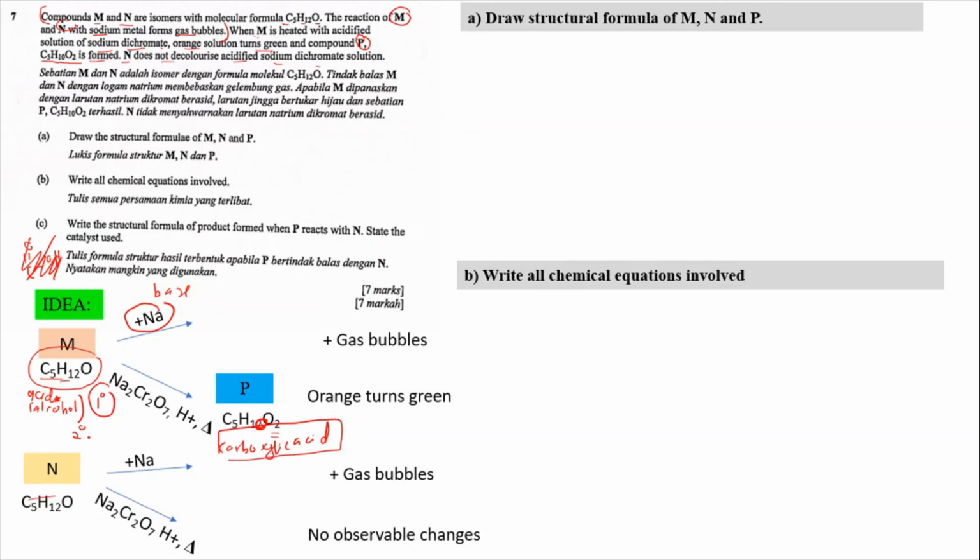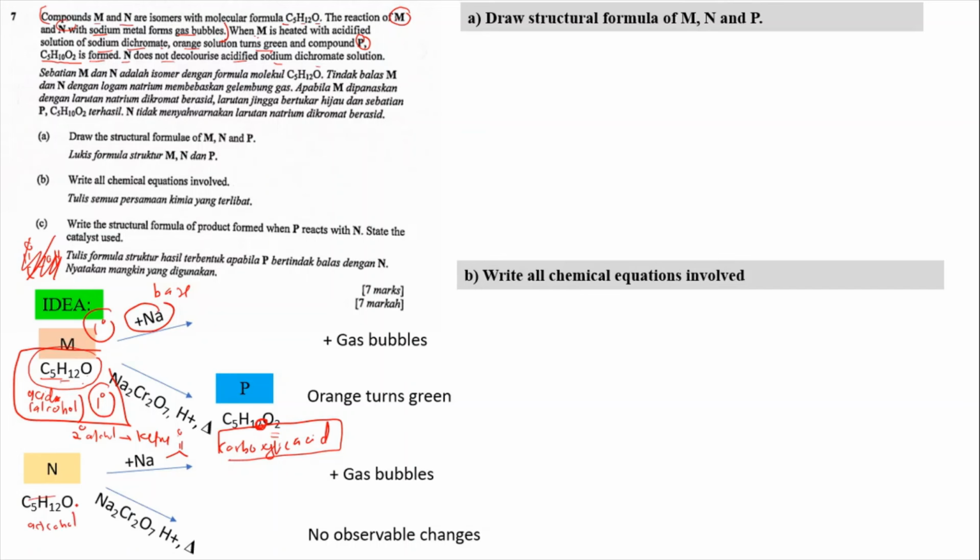A secondary alcohol will oxidize to form a ketone, and a ketone only has one oxygen, but here there are two oxygens. So M needs to be a primary alcohol, not secondary, because for a secondary alcohol the oxygen would be one, but the formula here has O2. N is also an alcohol, however it cannot be oxidized.